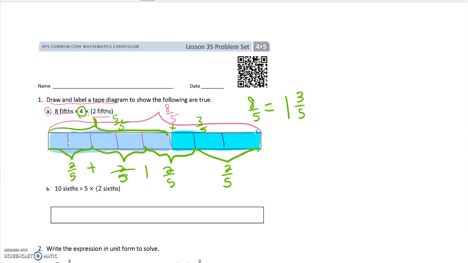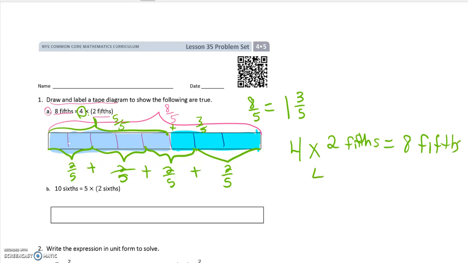And that is the same as saying I have 2/5 plus 2/5 plus 2/5 plus 2/5, because I know that multiplication is the same as, I'm sorry, multiplication is the same as repeated addition. So 4 groups of 2/5 is equal to 2, 4, 6, 8/5.